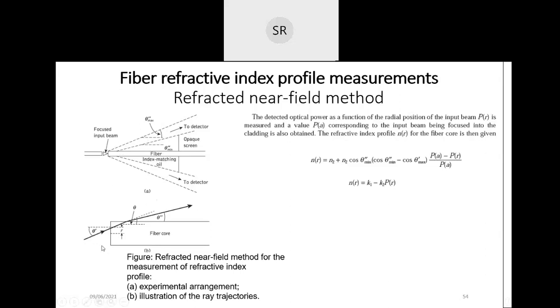Okay, so light at an angle of incidence theta dash greater than theta dash minimum will reach the detector here. So that is the process to ensure that light reaches the detector to measure the refractive index profile of the fiber here.